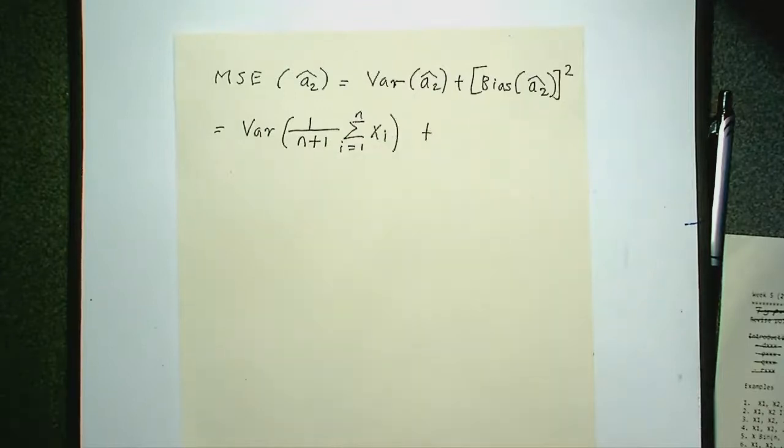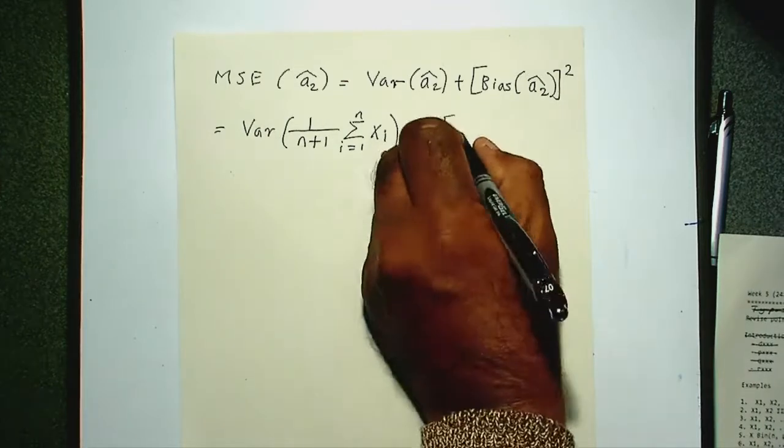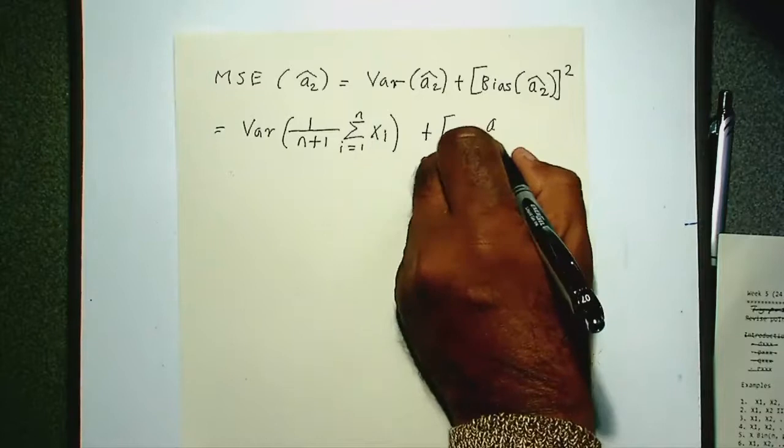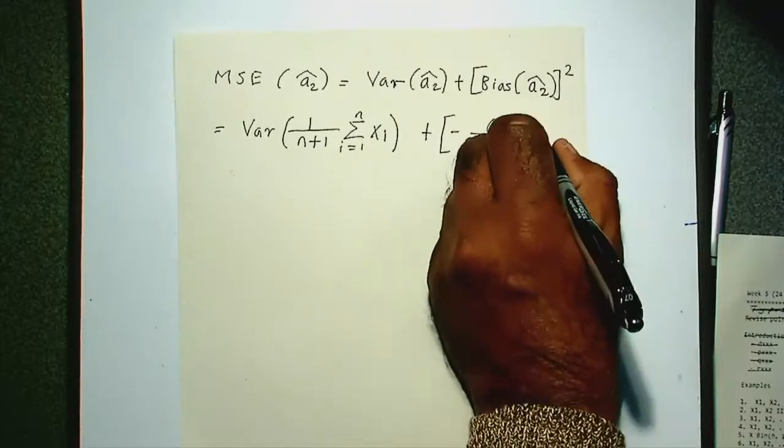Now the bias, we already worked out, we know the bias of A2 hat. If you look over here, this is the bias of A2 hat. Okay, so this is going to be minus A divided by n plus 1, squared.